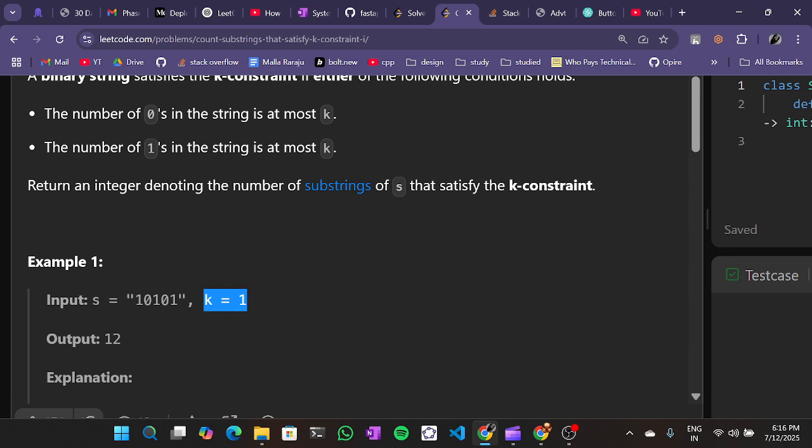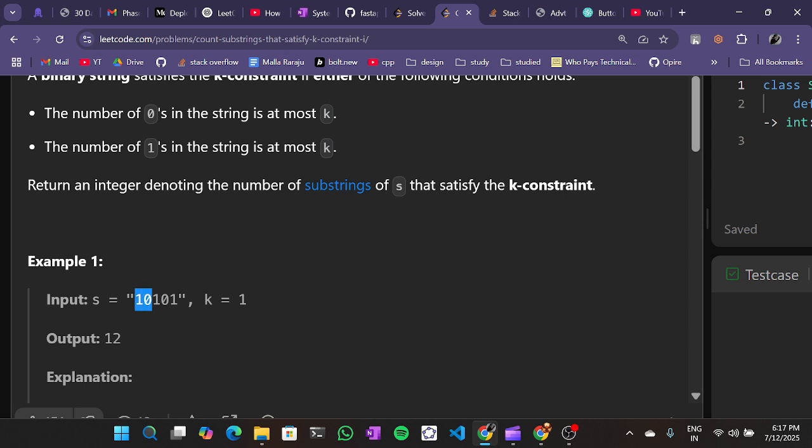It should not be above one. So this substring will hold the condition, but this one won't, because we have two, which is greater than one. We need at most one, so it won't hold the condition.